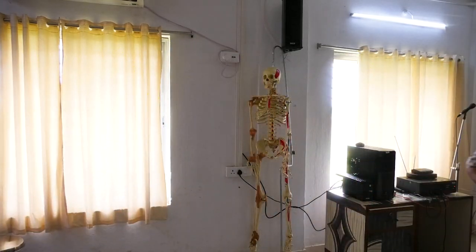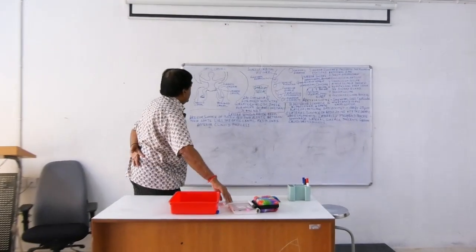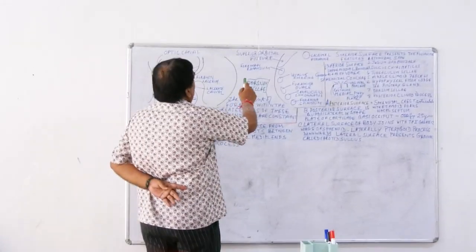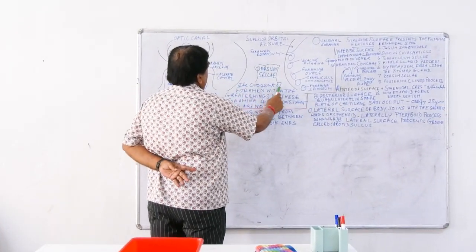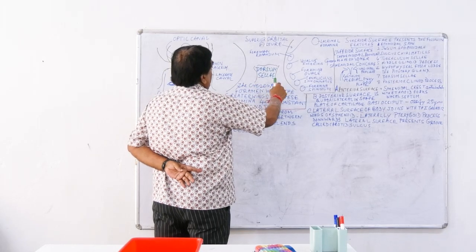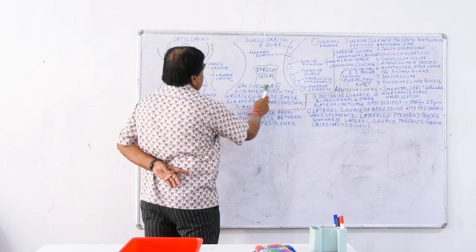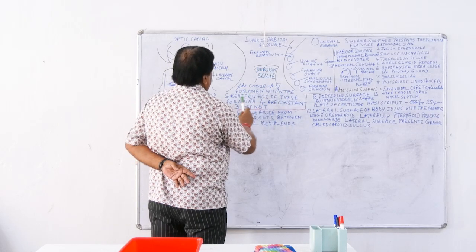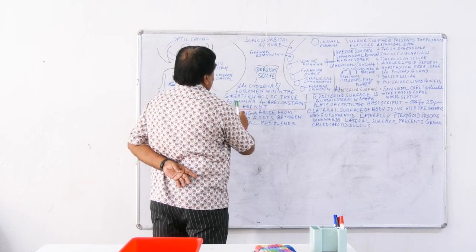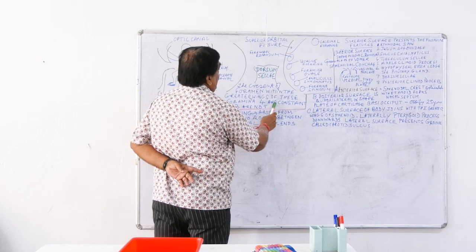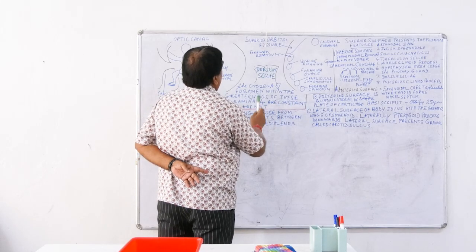Now this is the portion. Now this is the dorsum sella, the crescent of the foramen within the greater wings of these foramina. 4 are constant, 3 are not.